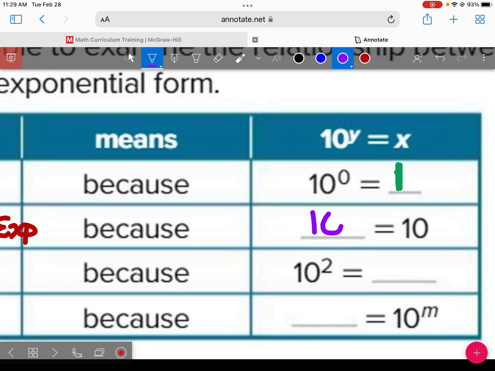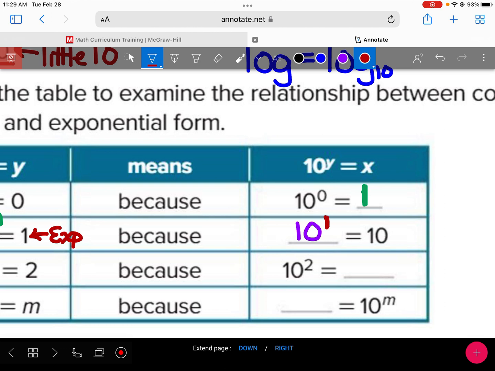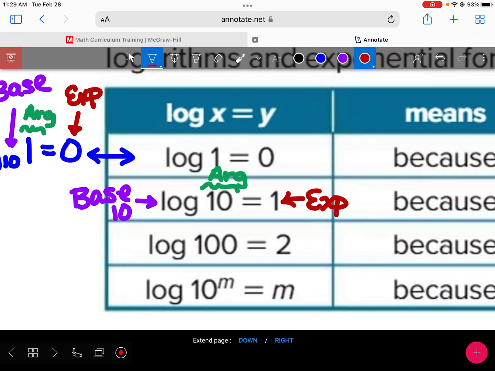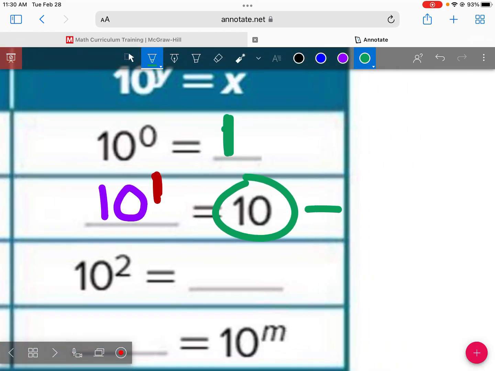So I would have 10 to the power of my exponent, which is 1, 10 to the first power equals 10. So is that 10 from the base or from the argument? The 10 that I wrote in purple is from the base. This 10 after the equal sign over here is the argument.